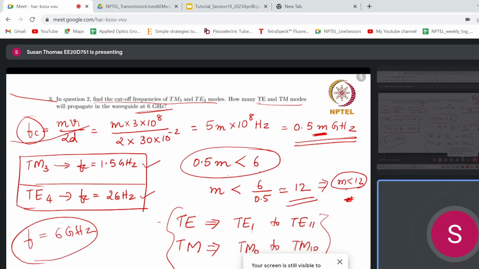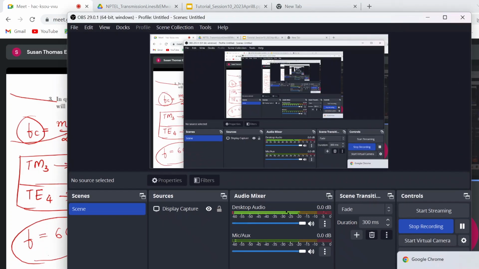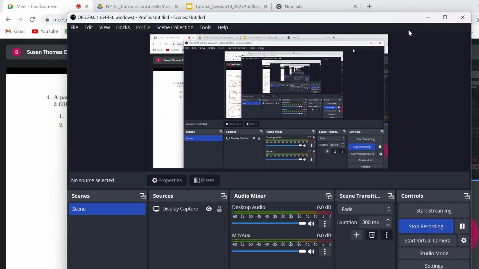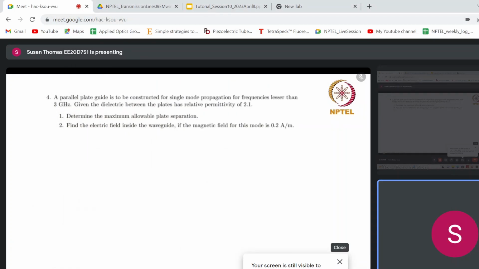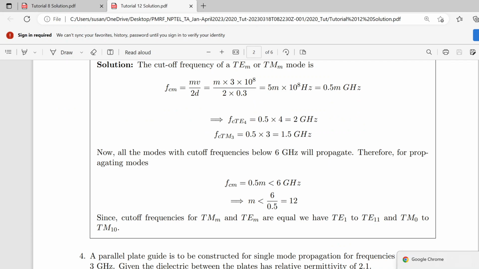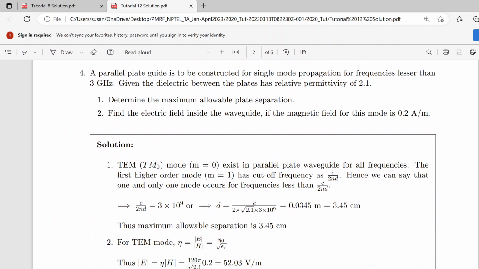Now let's move to another question. The next question is, a parallel plate guide is to be constructed for single mode propagation.